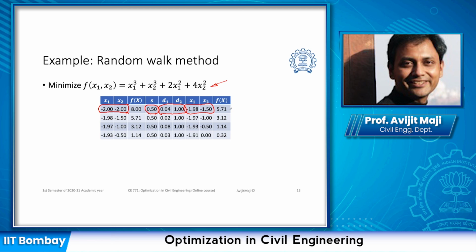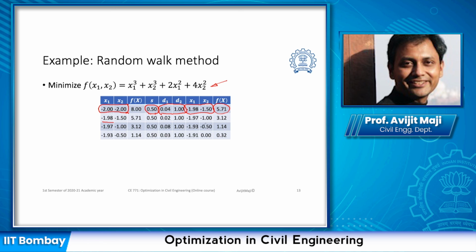and at this particular point we find that the objective function value has improved compared to the previous point. So we can use this as our base point, which we have written here, and then for the same step size we look for some random direction, and then again we see the x1 and x2 values, and then we find the objective function value.